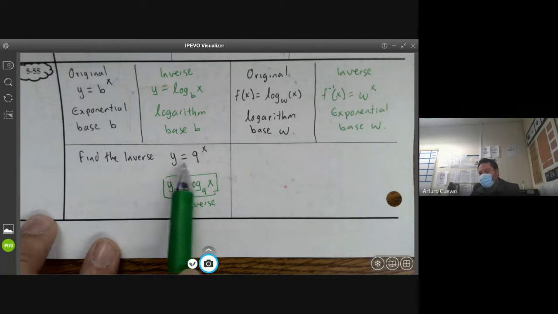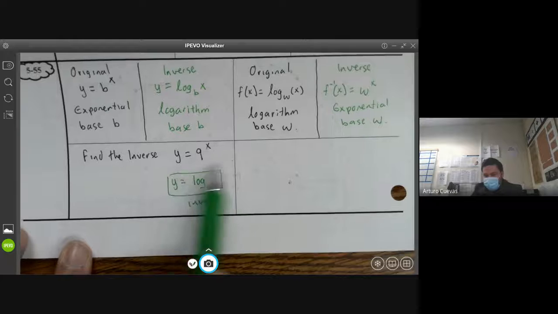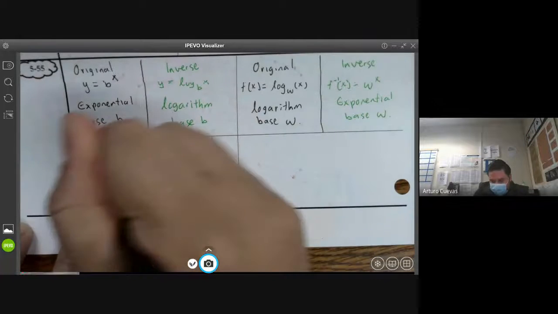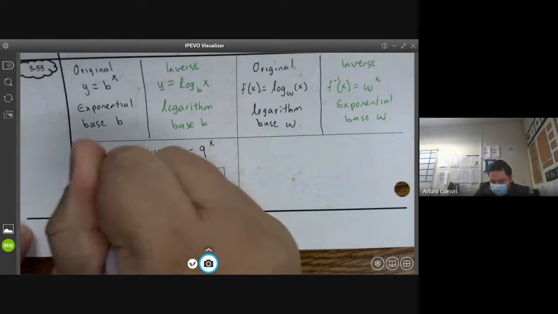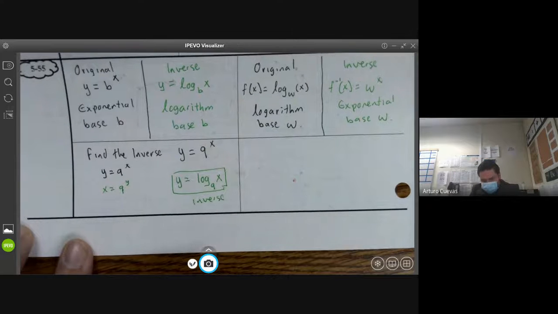Now, if we wanted to prove this algebraically, we could do it by doing this. Can't you just flip the x and the y? Y equals 9 to the power of x, so this would be x equals 9 to the power of y. 9 to the power of y equals x.